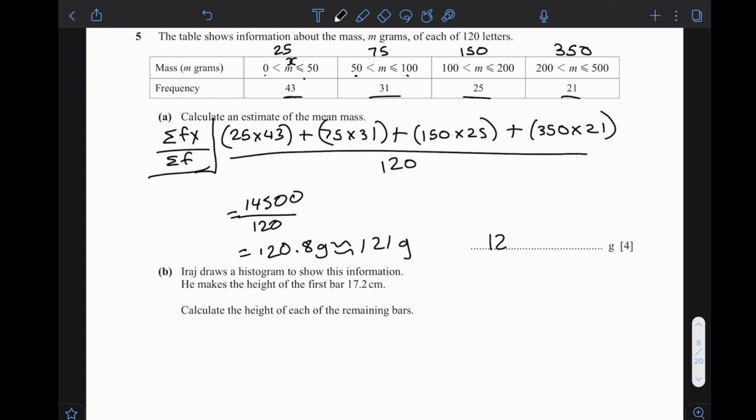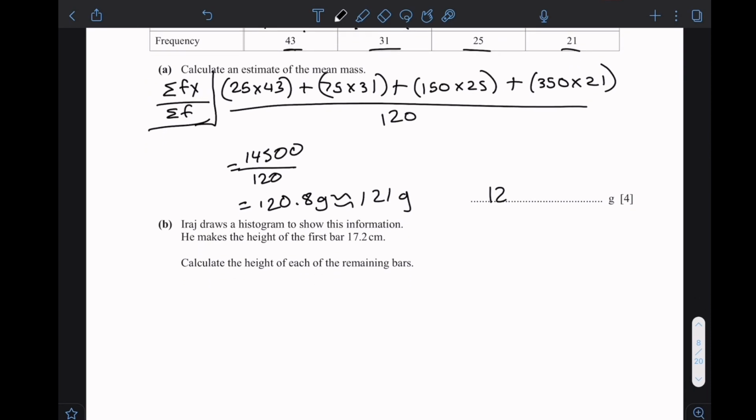To calculate the frequency density, it is given by frequency divided by class width.